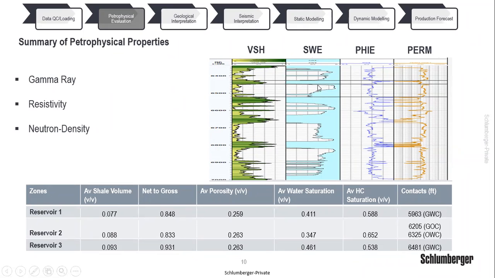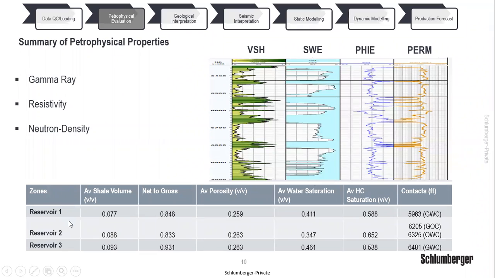We were also able to generate water saturation, and we understand the relationship between water saturation and hydrocarbon saturation, because one is equal to water saturation plus hydrocarbon saturation. So having the water saturation gave us insight into what the hydrocarbon saturation will be. Then we also computed porosity and permeability.